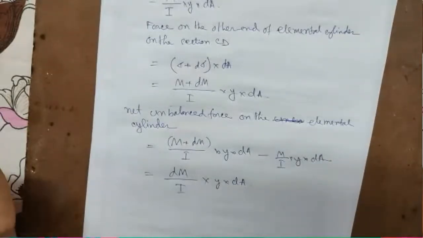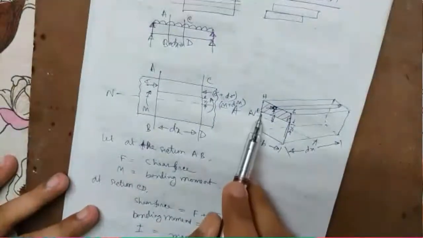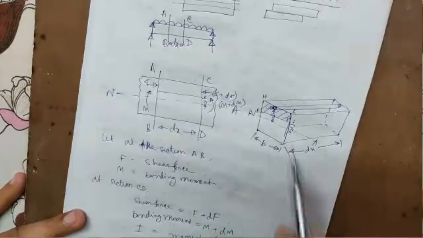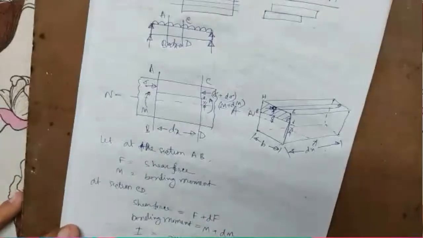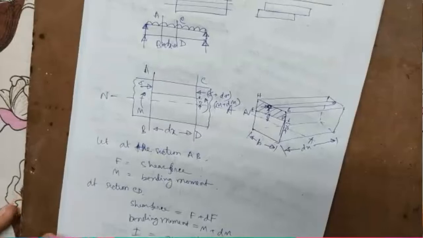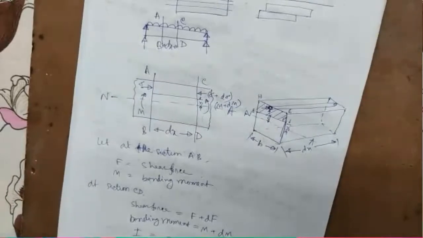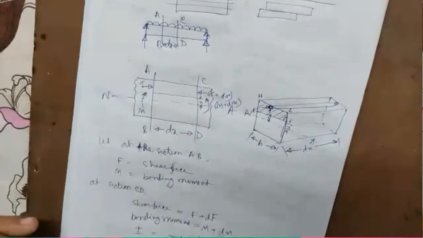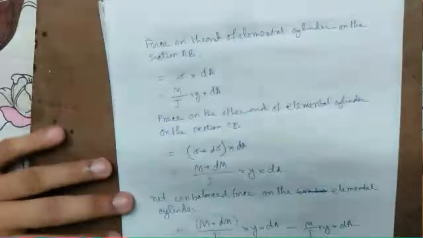Now if we want to find out the total unbalanced force above the level EF, look at the picture again. To find the total unbalanced force above EF, on this hatched section EFGH, we have to integrate it.